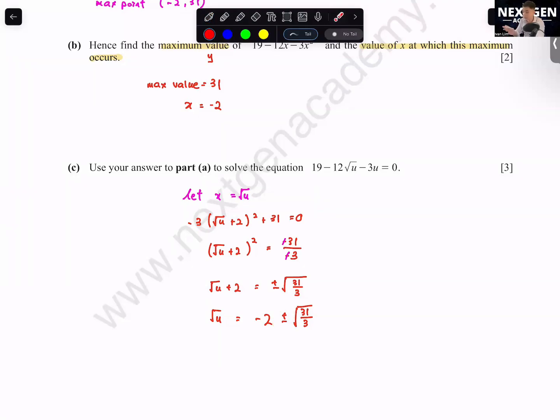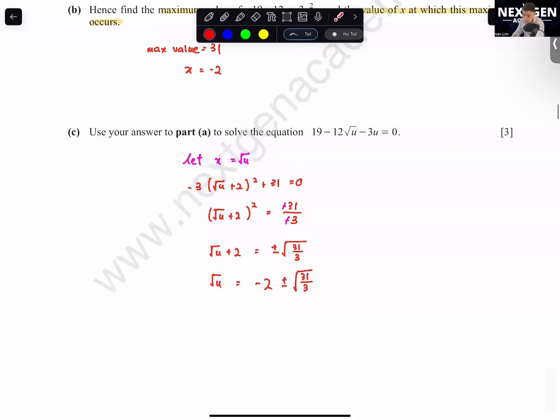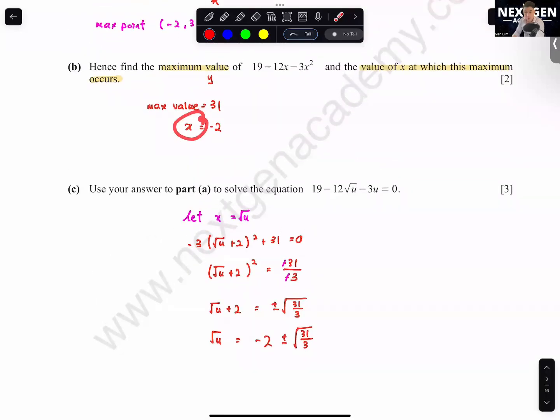I don't know how strict they are, because the final answer actually will need to reject the negative value. Why do we reject the negative value for this one here? We have to understand the equation. You see here, square root u originally is x. What is the maximum value for this?